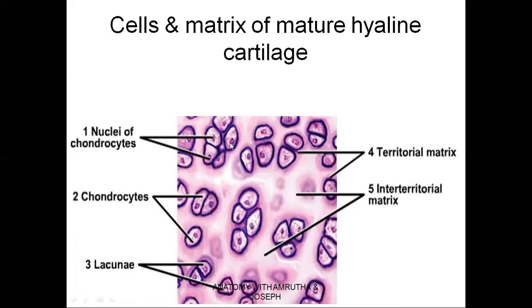The group of cells is called cell nest. Chondrocytes are arranged, and they have a space surrounding it called lacunae. The territorial matrix, which is newly formed ground substance, can be seen between the group of cells. There is interterritorial matrix.